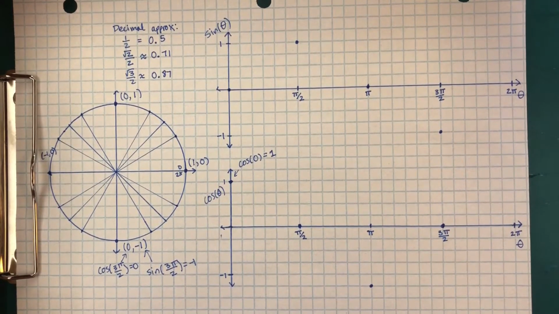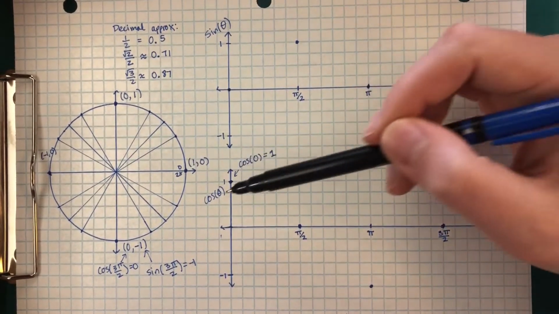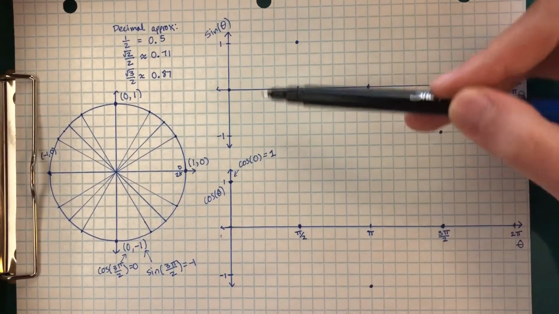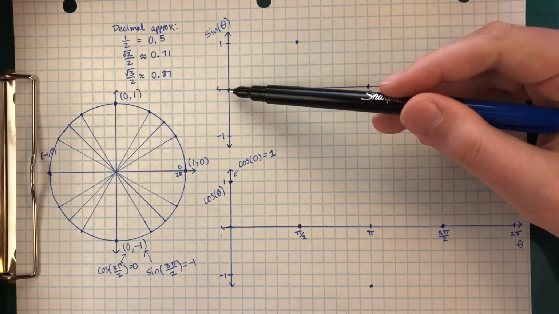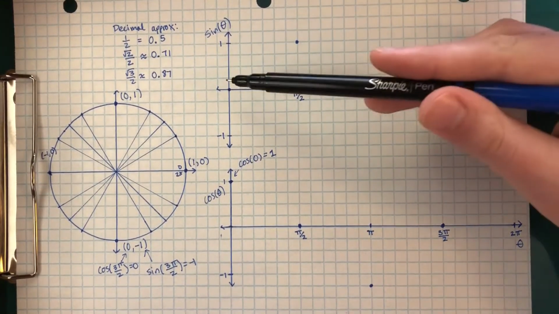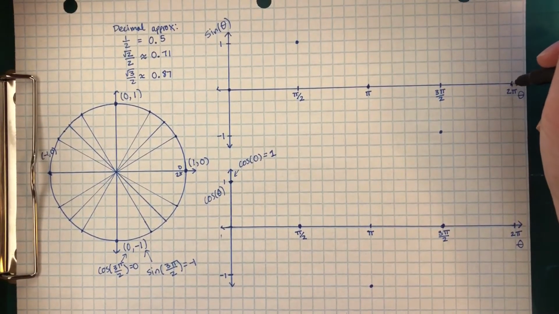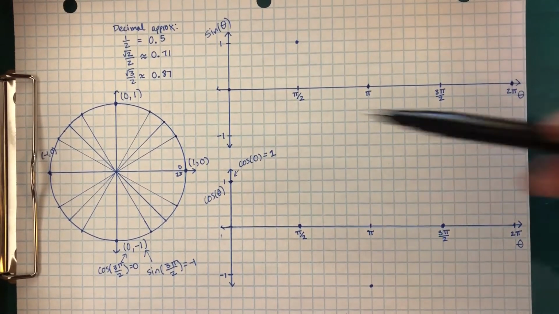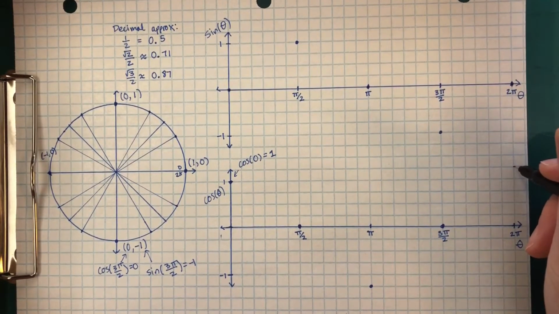And because the sine and cosine describe the coordinates of that point, whether we have 0 or 2 pi, we're going to get the same answer for the sine and cosine. The sine of 2 pi is the same as the sine of 0. It's 0 because the y coordinate of that point is 0. And the cosine is 1 again.